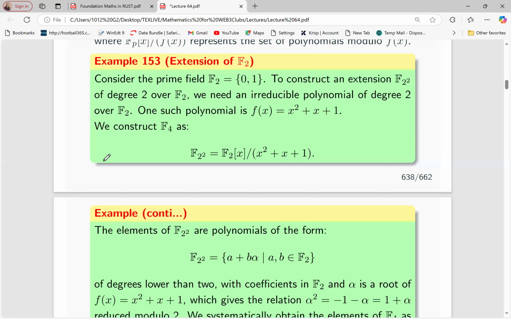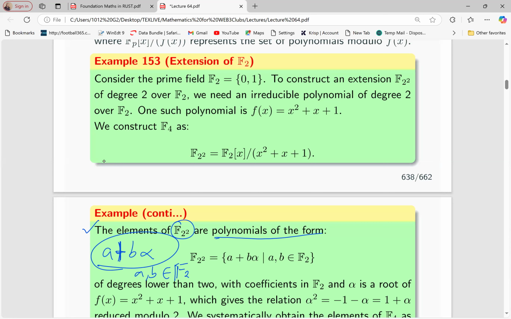But something we need to always remember is that the elements of this field extension are polynomials of the form a + b alpha, where a and b are elements of the base field.